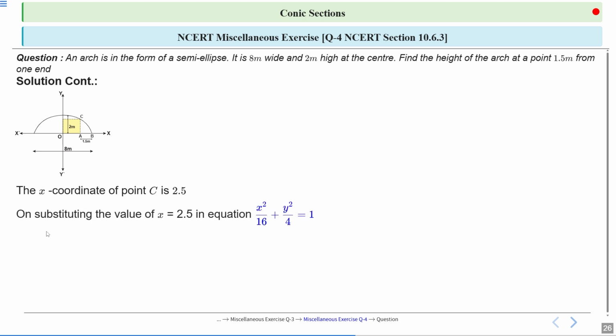And on substituting the value of x is equal to 2.5 in the equation x square upon 16 plus y square upon 4 is equal to 1, we get 2.5 whole square upon 16 plus y square upon 4 is equal to 1. And it implies 6.25 upon 16 plus y square upon 4 is equal to 1.